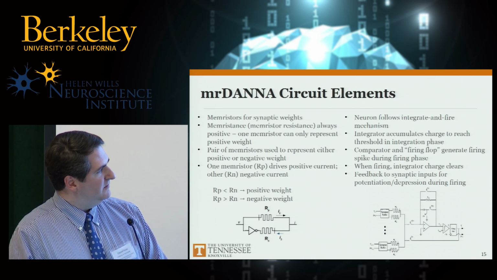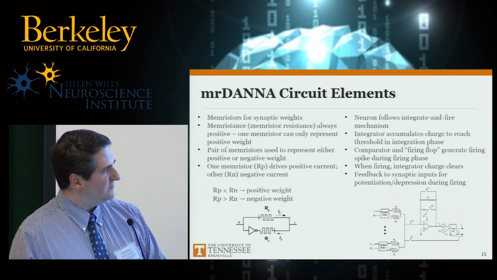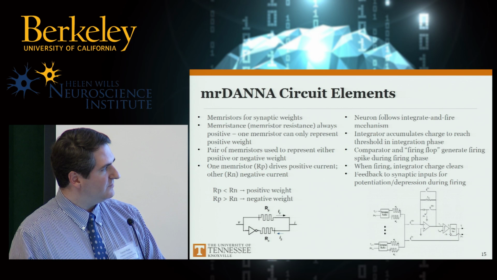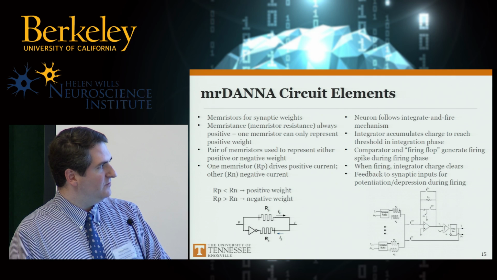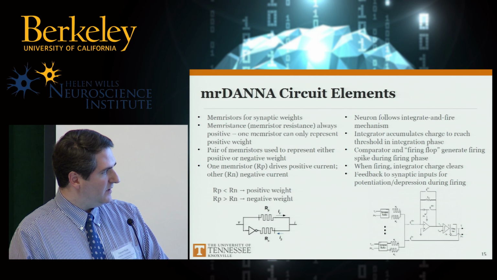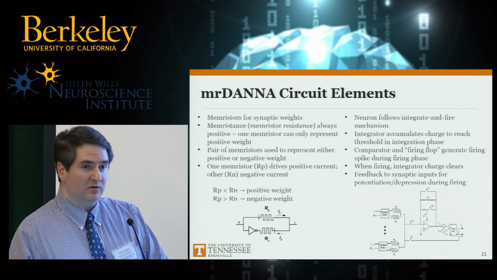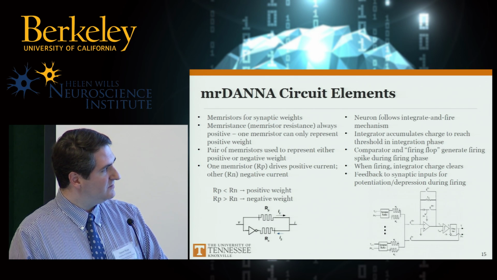Okay, so this looks somewhat crude, but this is just a pretty standard integrator circuit and a comparator implementing the neuron for our Memristor-Dana. There are lots of different ways we can implement this. This is one way we've been working with. Along with it, you see on this side several memristor-based synapses driving this circuit.